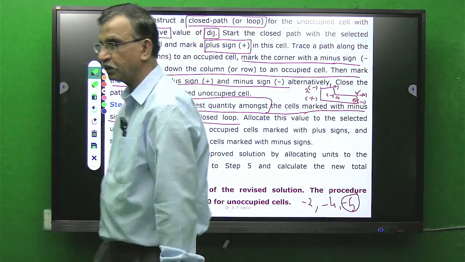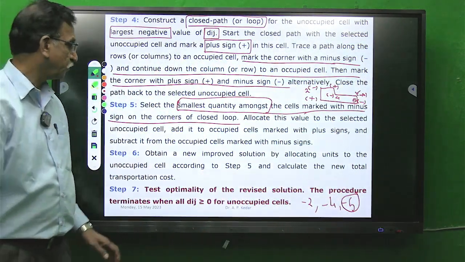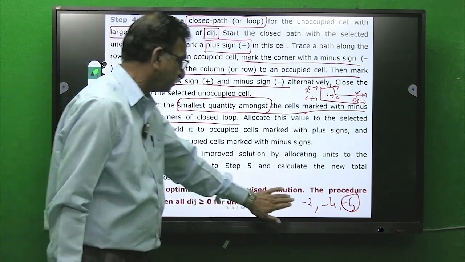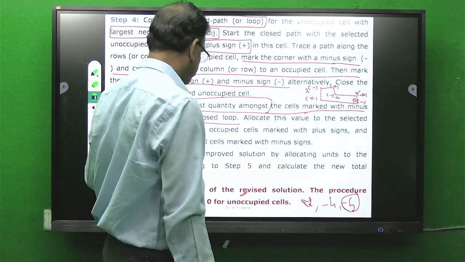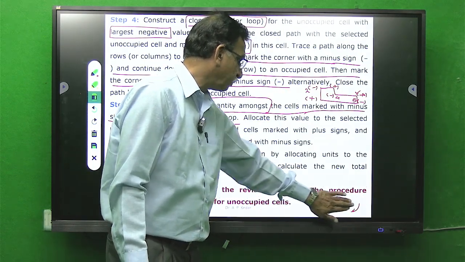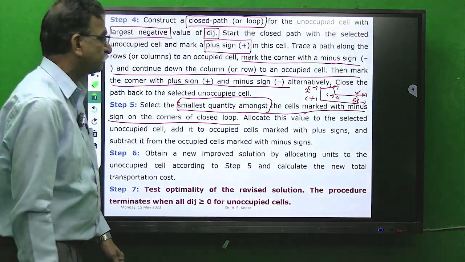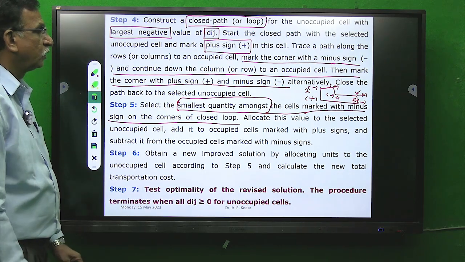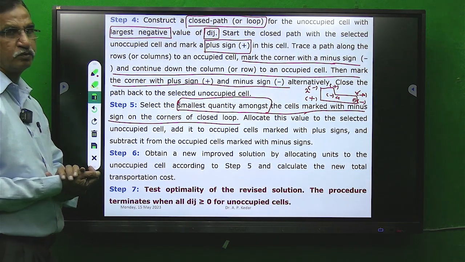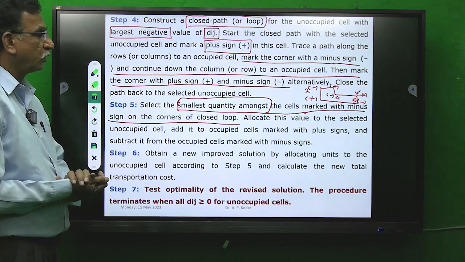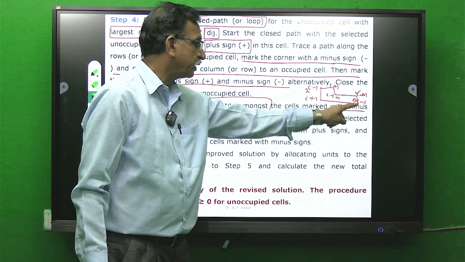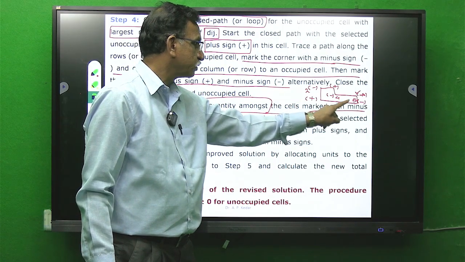What does it say? If you are coming across this, add that value, the smallest value amongst the minus cells, to the cell wherever there is a plus value. Now it is with this minus cell smallest value.